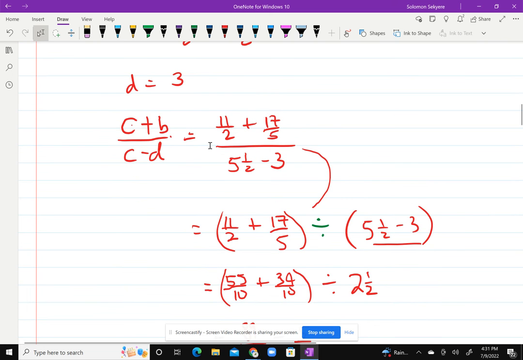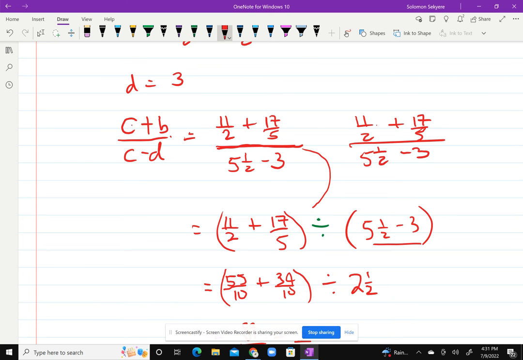And then after that, you divide it by the difference of 5.5 and 3. So this whole thing is 11/2 plus 3/2 divided by 5.5 minus 3.